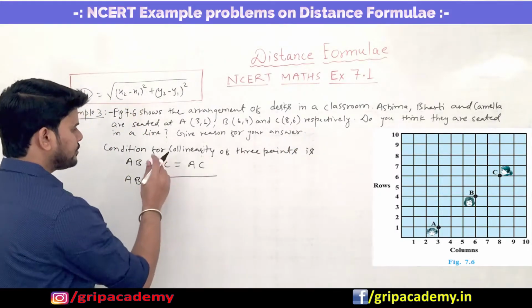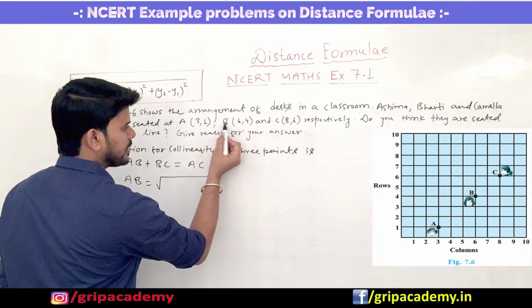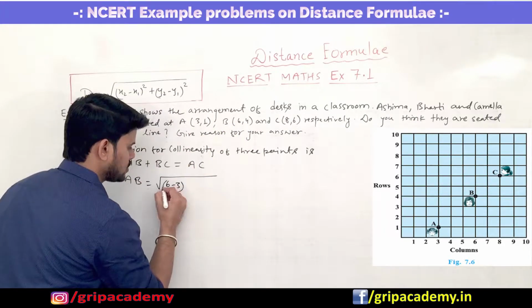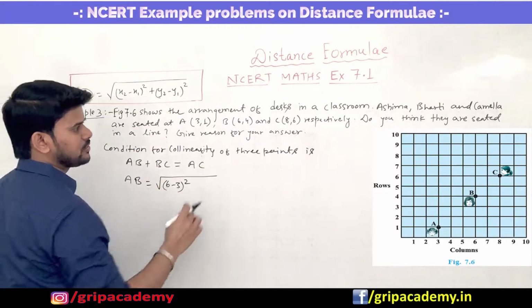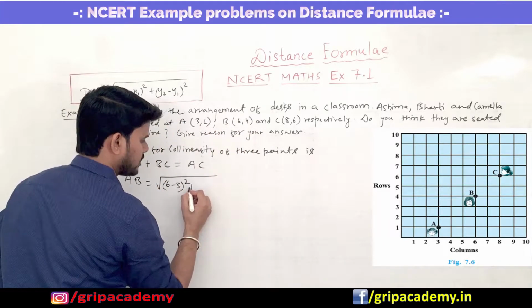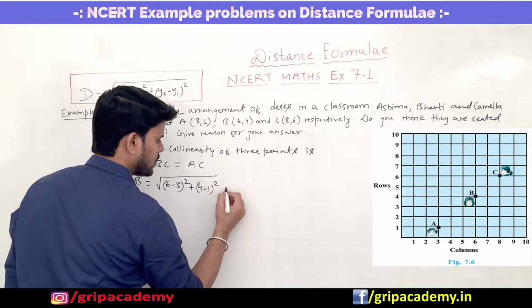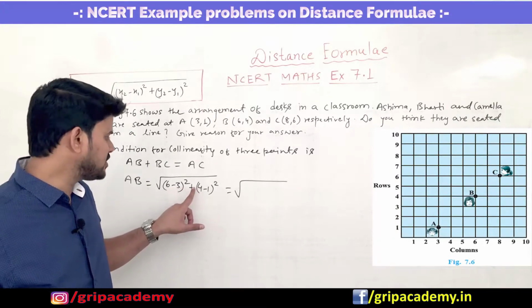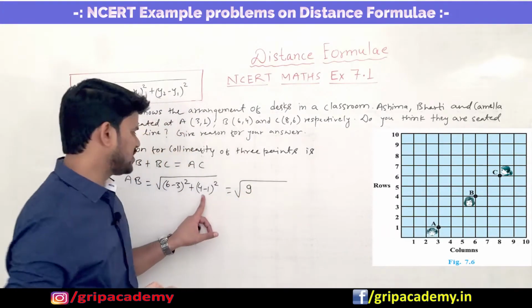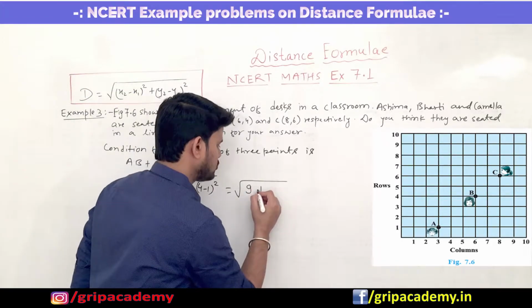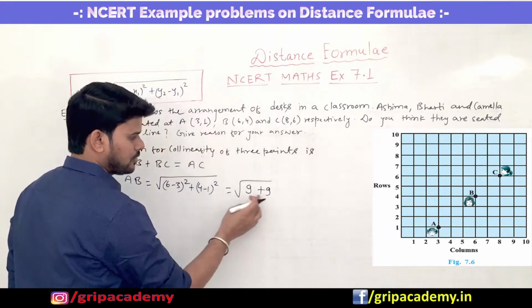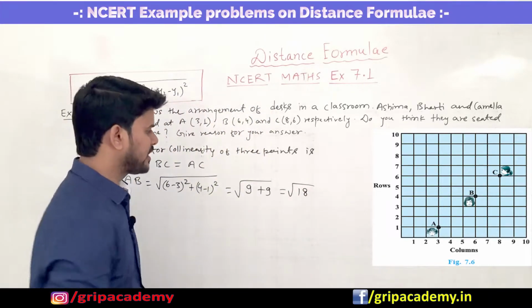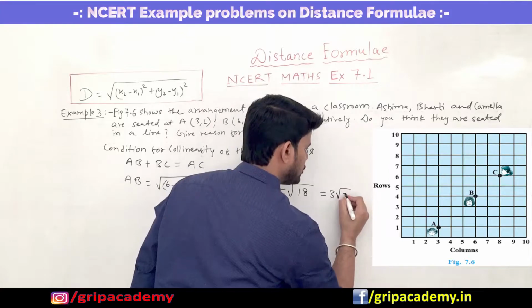So AB equals under root of (x2 minus x1) whole square, that is (6 minus 3) whole square, plus (y2 minus y1) whole square, that is (4 minus 1) whole square. 6 minus 3 is 3, 3 square is 9. And 4 minus 1 is 3, 3 square is 9. So we are getting under root of 9 plus 9, that is root 18, or we can write it as 3 root 2.